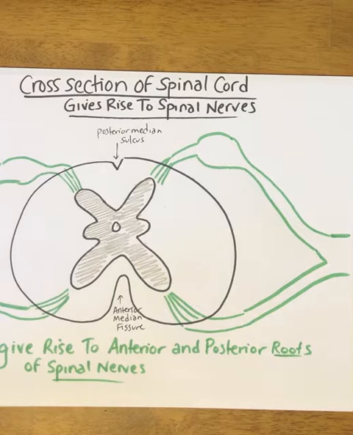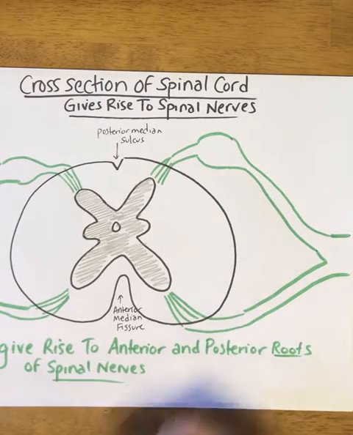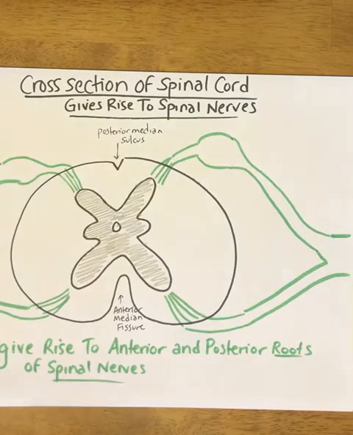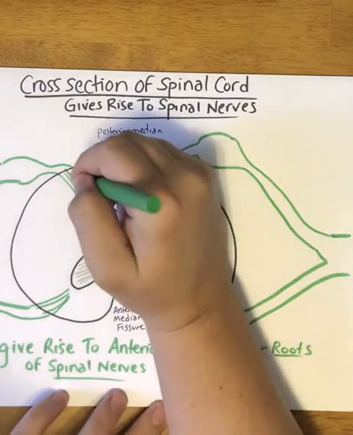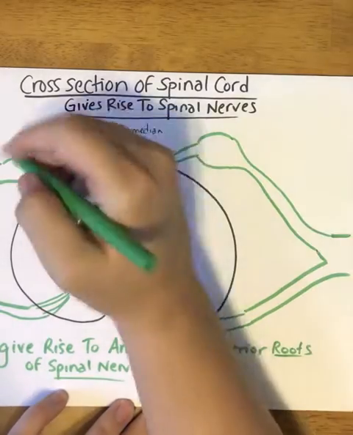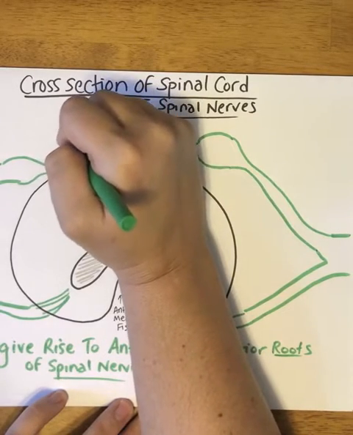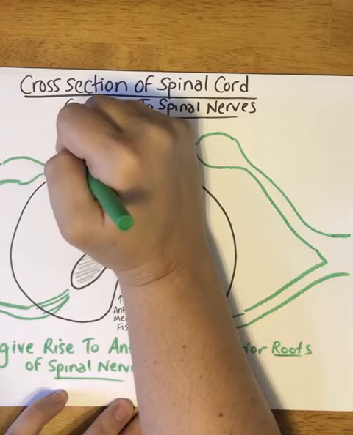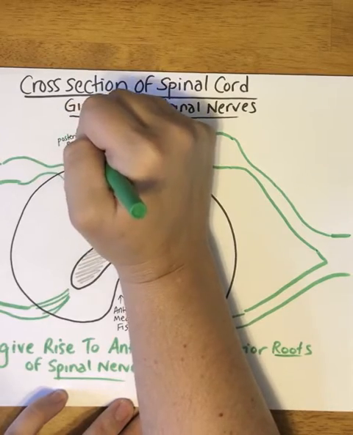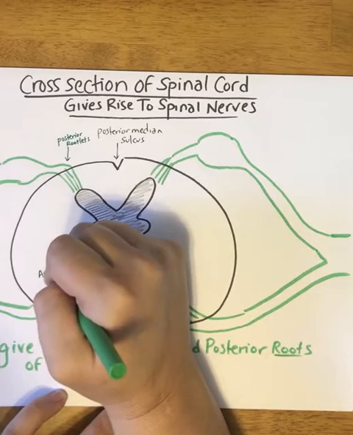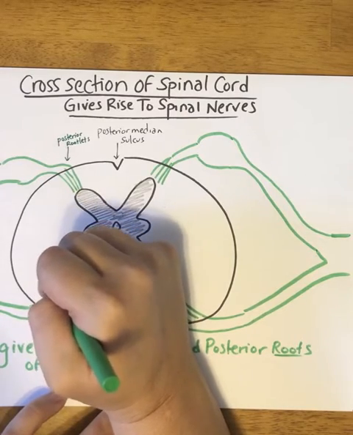Both sides, 31 pairs. All right, when looking at a spinal nerve, spinal nerves come off your horns. The first thing when looking at a spinal nerve is we call these tiny roots rootlets. So this would be your posterior rootlets. Think of piglets as tiny pigs. These would be your anterior rootlets.